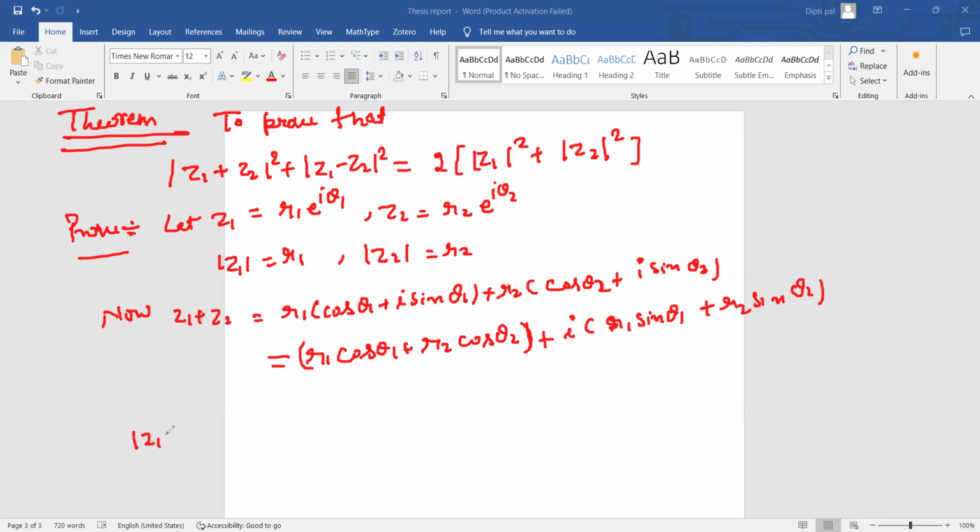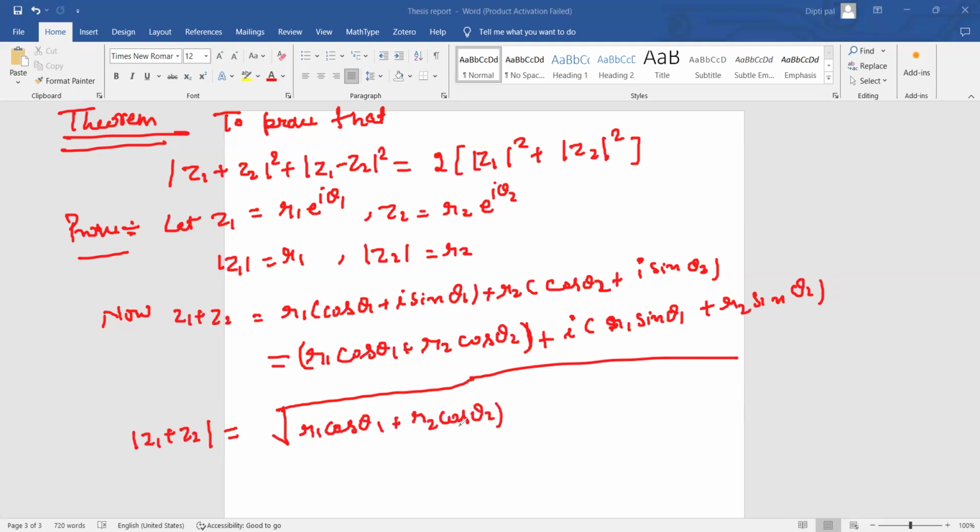Now modulus of Z1 plus Z2 becomes square root of (R1 cos theta 1 plus R2 cos theta 2) whole square plus (R1 sin theta 1 plus R2 sin theta 2) whole square.